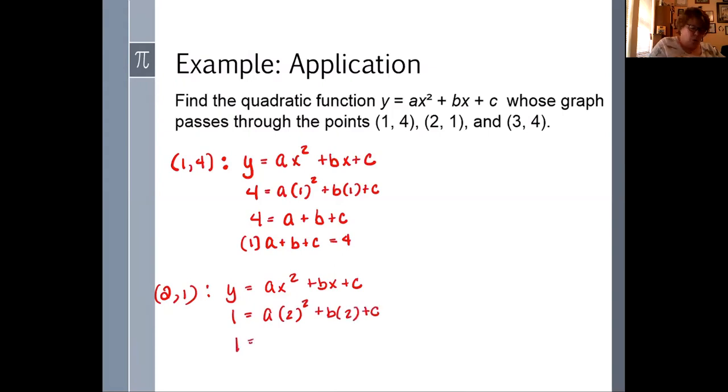Two squared is 4. 4 times A is 4A, plus 2 times B, plus C. So my second equation in A, B, and C is 4A plus 2B plus C equals 1. So there's equation 2. To find equation 3, I'm going to replace x and y with 3 and 4.